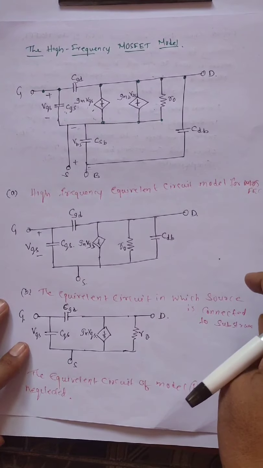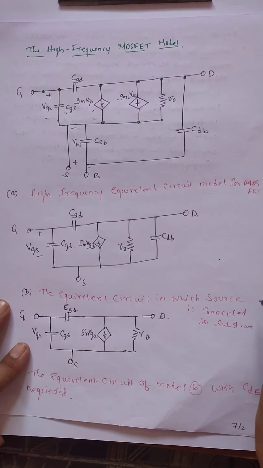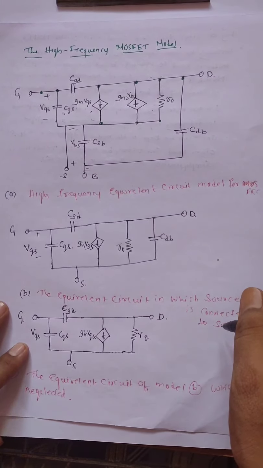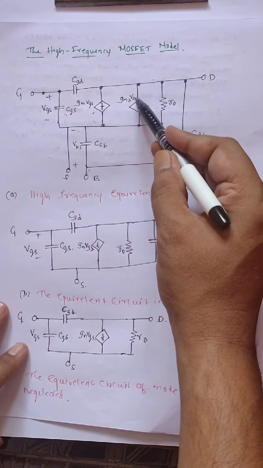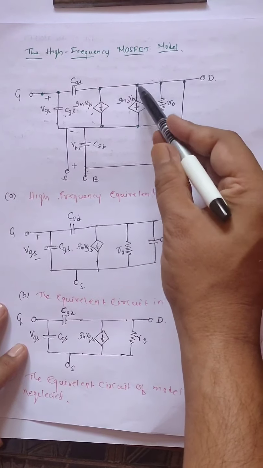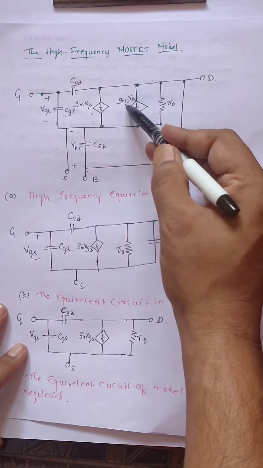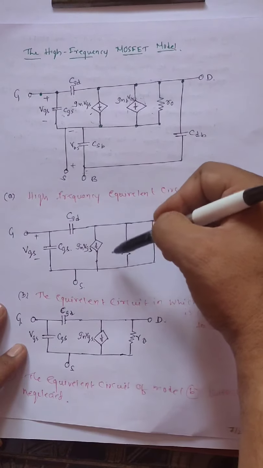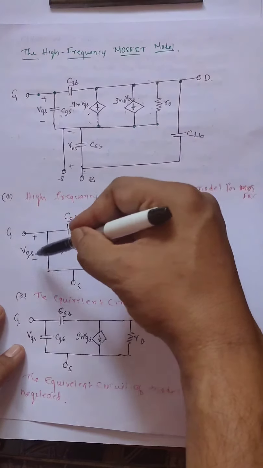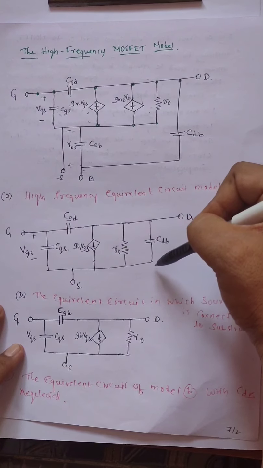In the equivalent circuit in which the source is connected to the substrate, we can neglect this value since it is 0, and hence we can remove this current source, giving a simplified version of the high frequency model.